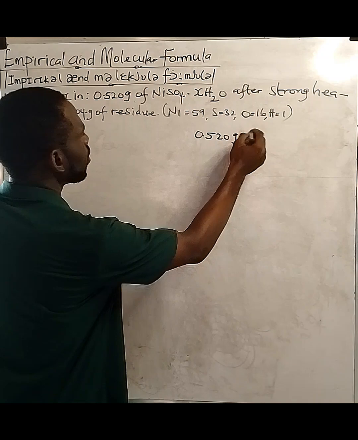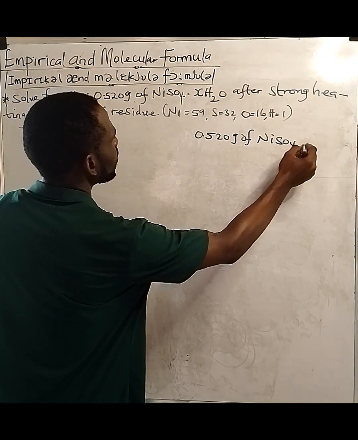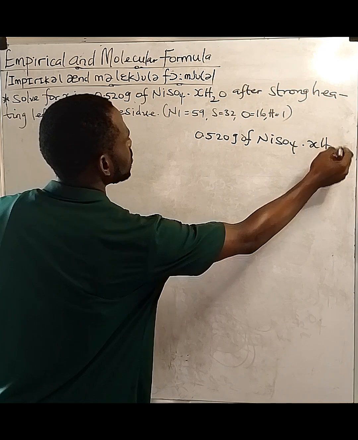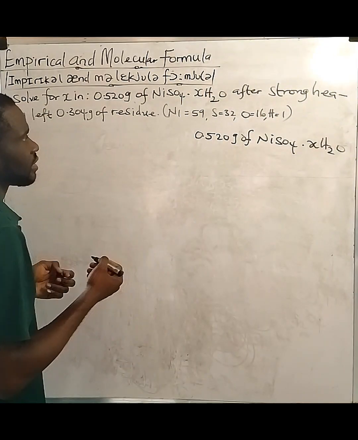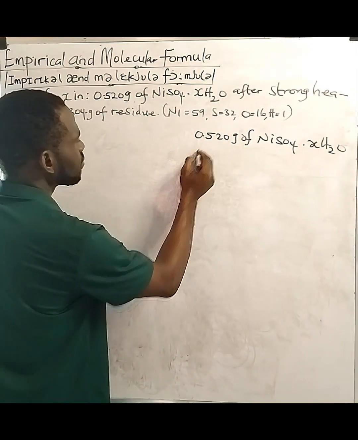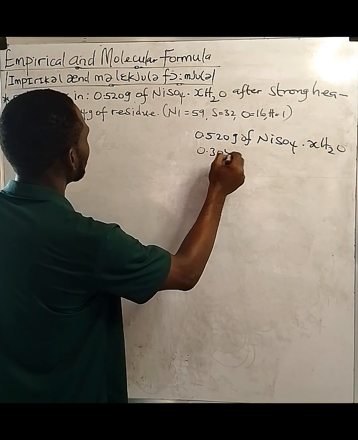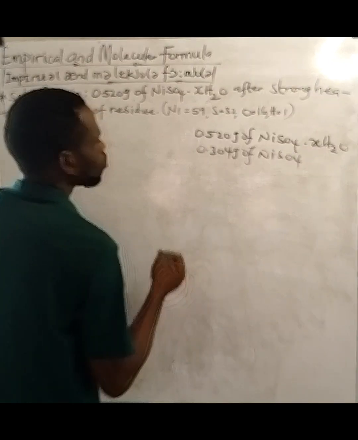So quickly, the main start is 0.520 gram of this compound, NiSO4 with crystals of water. After it was heated strongly, we are left with 0.304 gram of residue. We are left with 0.304 gram of the NiSO4. So some water left.